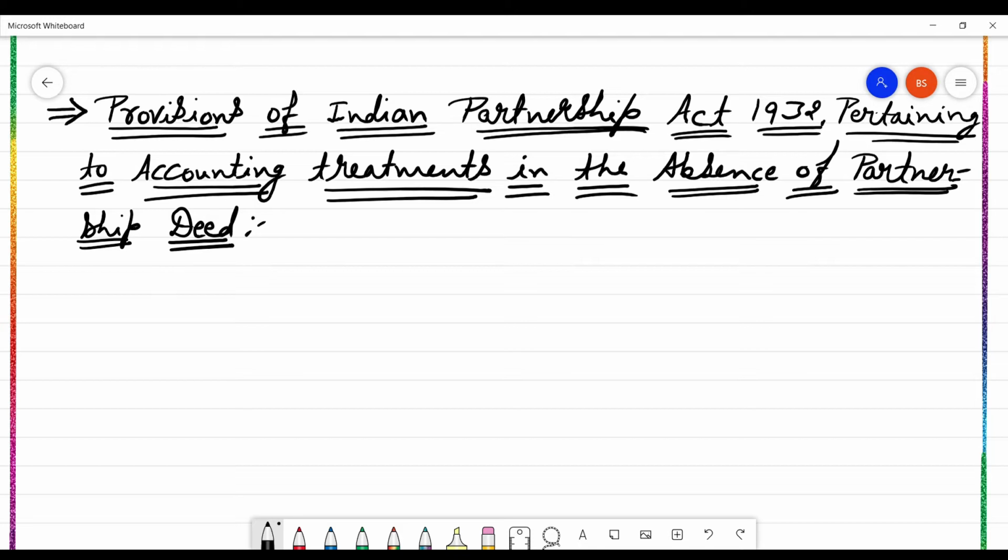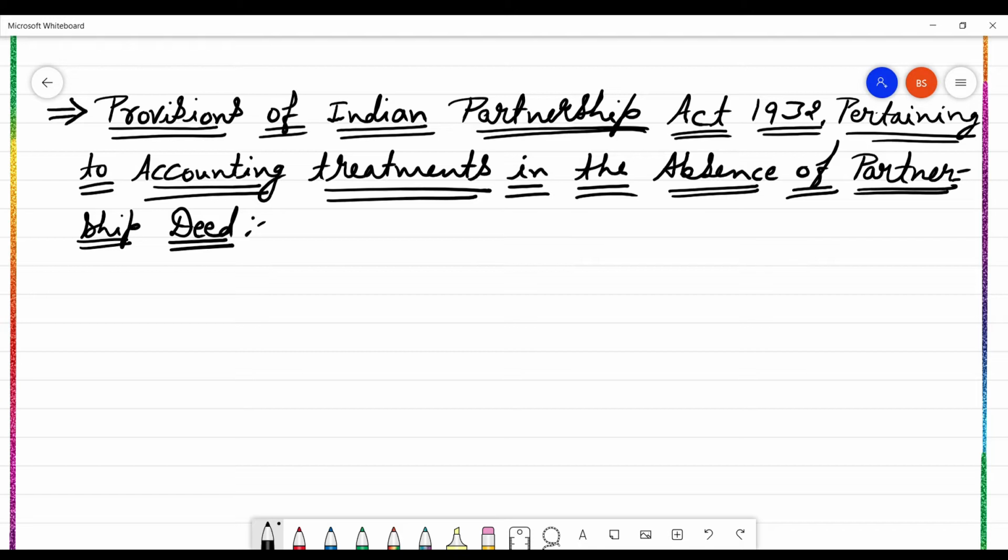Fourth one is interest on drawings of the partner cannot be charged. Fifth one is salary, bonus, commission or remuneration cannot be paid to the partners. Sixth point, 6% per annum interest is payable for the loan given by any partner to the firm.